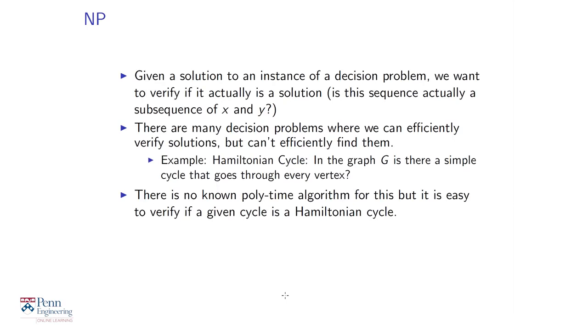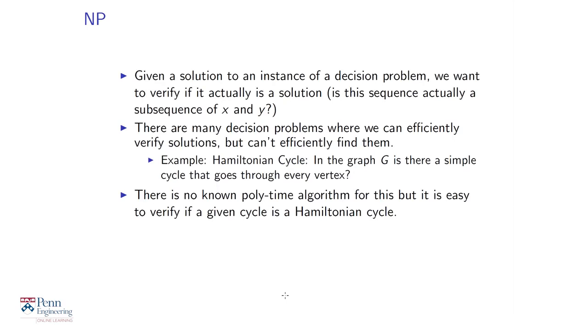So even though you don't know how to find a Hamilton cycle in a graph efficiently, someone could show you that a graph has a Hamilton cycle, which even if you don't trust them, you could verify for yourself very efficiently. So this is the hallmark of NP.